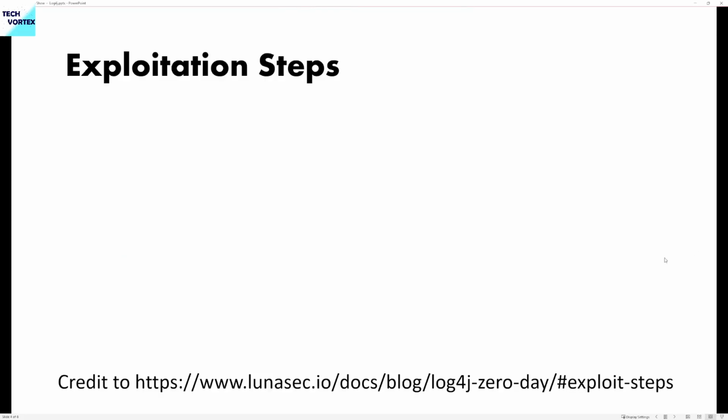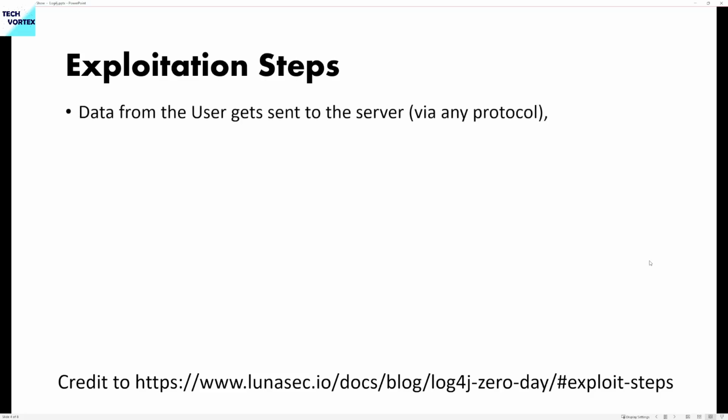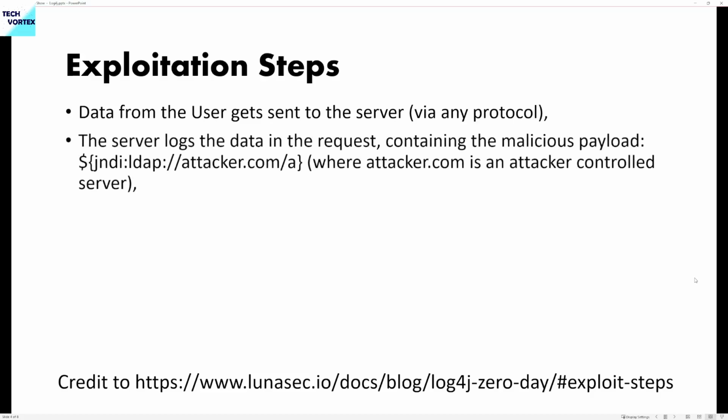As we mentioned before, for those who didn't follow the last video, the exploitation steps for Log4j are that data is sent from the hacker or the threat actor to the server via any protocol. It can be HTTP, or any sort of protocol, but within the content of this data, the hacker is sending a special payload or a special string.